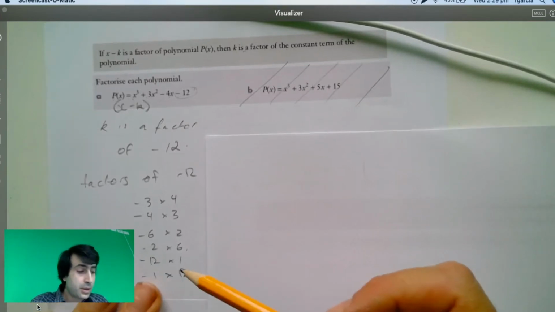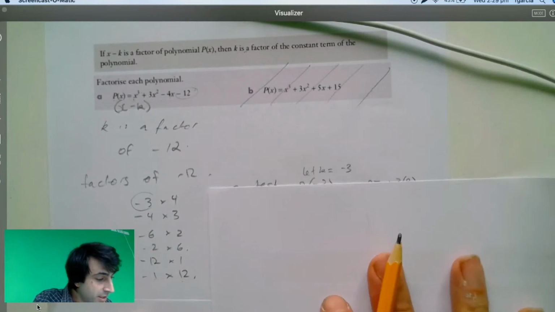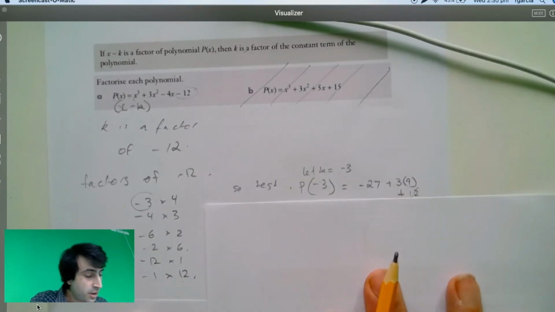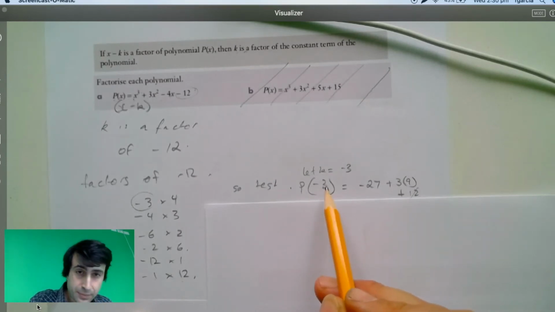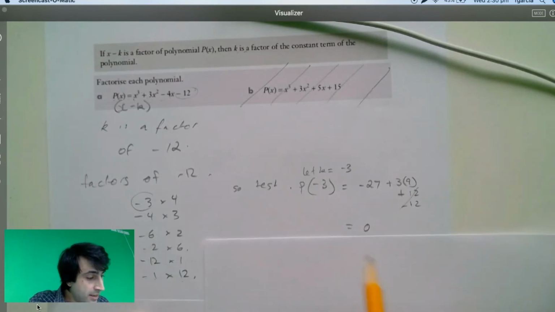Now, let's have a look. So what I did is I just chose minus 3. Let's have a go. So let's test. Let's let k equal minus 3. And so I did the function of minus 3. And what I found when I substituted minus 3 in, I had 0 remainder.